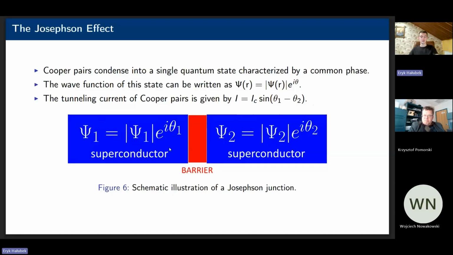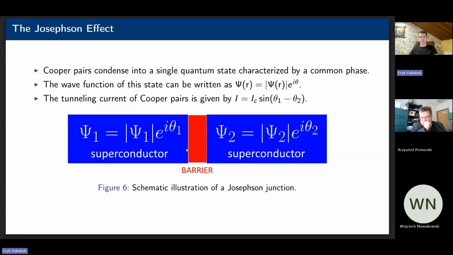On the left side of the junction, we have some phase theta one of a condensate of these Cooper pairs that, as we said, can be treated like bosons. So they can condense into a single quantum state with a common phase, and the same is true on the right side, where we have some different value of that phase, and that allows the current to flow through the superconductor.